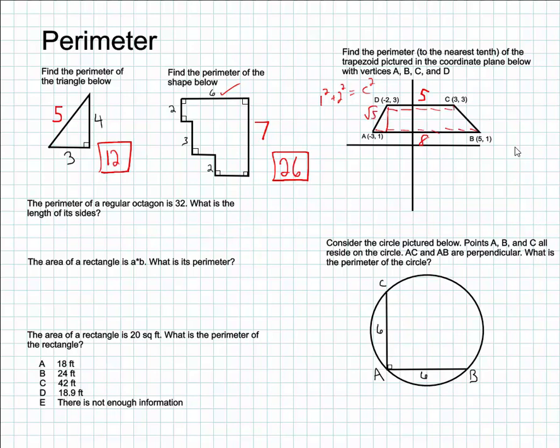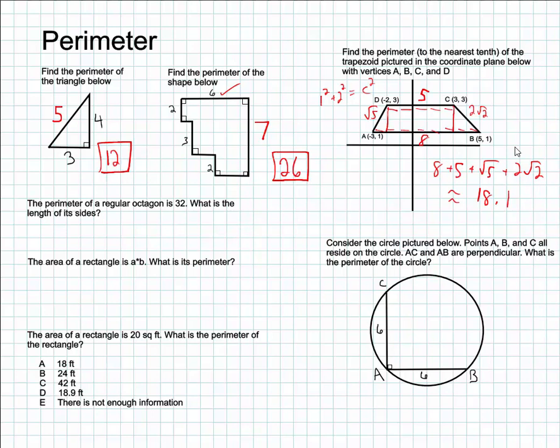For the length of CB, if we draw in a right triangle, we have a base and a height of 2, so that's an isosceles right triangle. That means the hypotenuse is 2 times the square root of 2. If we add all of those lengths up, we have 8 plus 5 plus the square root of 5 plus 2 square root of 2, which is approximately, rounding to the nearest tenth, 18.1.